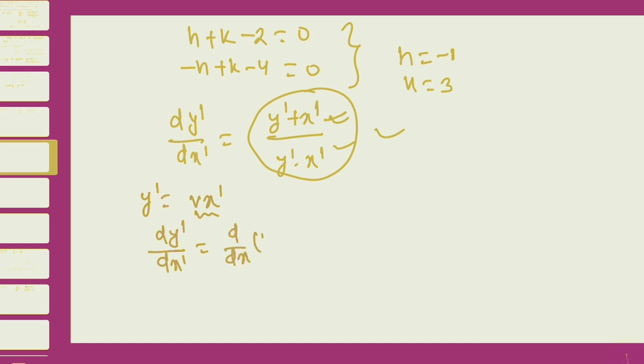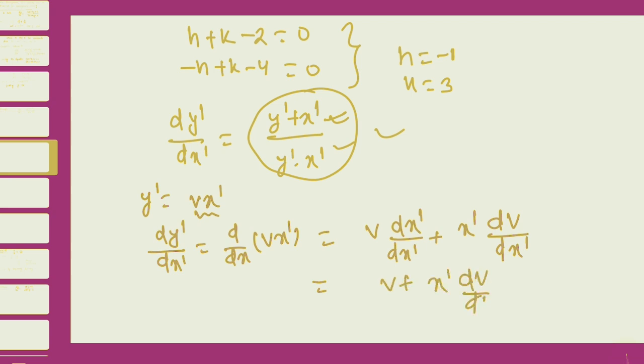So it will come: v is as it is, the derivative of x' is dx', plus x' times dv/dx'. Okay, so it will become v plus x' dv/dx'. After replacing these values, the value of dy'/dx' is this, and the value of y' is vx'.